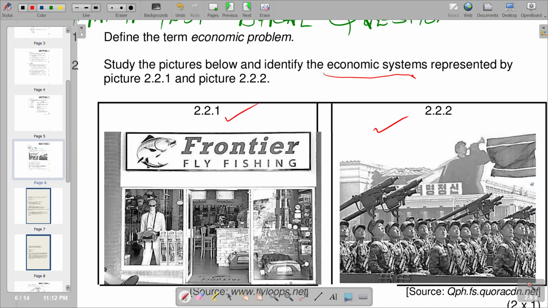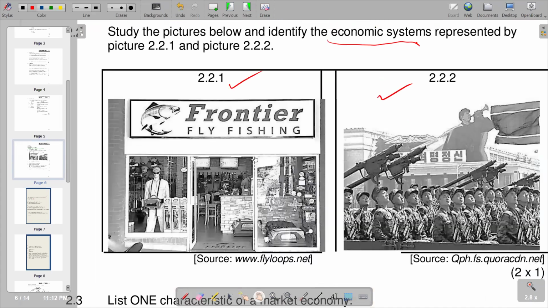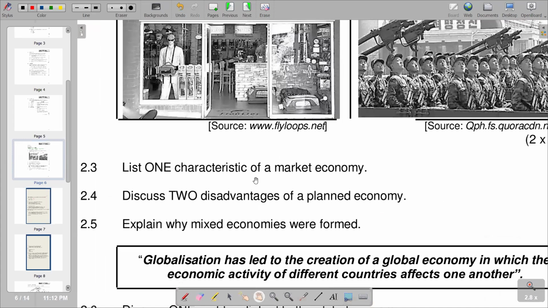Then we can go to the next question, which reads, list one characteristic of a market economy. Under a market economy, we know that there is private ownership of resources, being the factors of production. So factors of production are owned by private individuals, as opposed to a command economy, whereby resources are owned by the government.